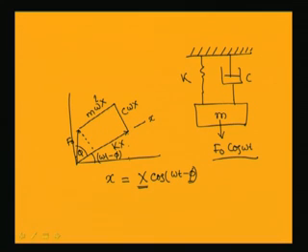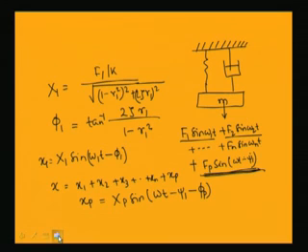So, in this right angle triangle I got this square plus this square equal to this square. So, I got the expression for the response of the system, x equal to F0 by k root over (1 minus r square) whole square plus (2 zeta r) square. Also I got the phase angle.